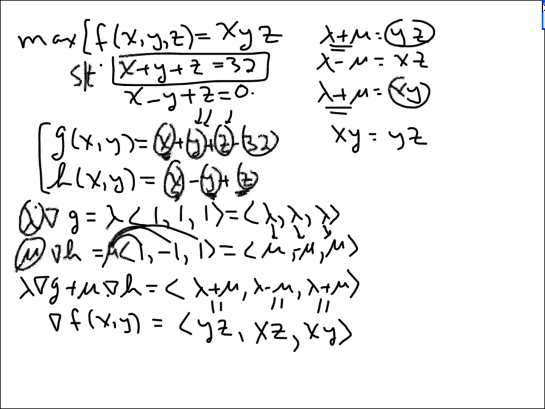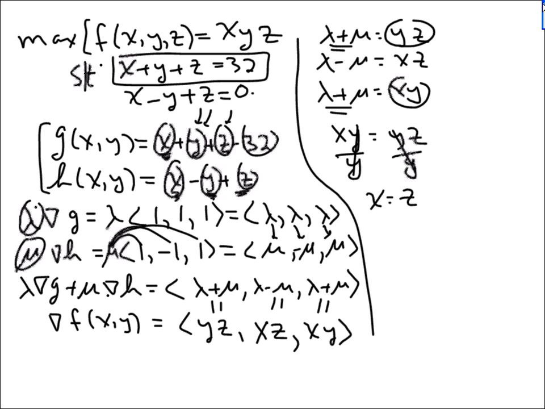I've been saying that in all of these Lagrange multiplier problems, the variables are positive. That is, y is not 0. I can divide both sides by y. So now we just learned that x and z are equal to one another.